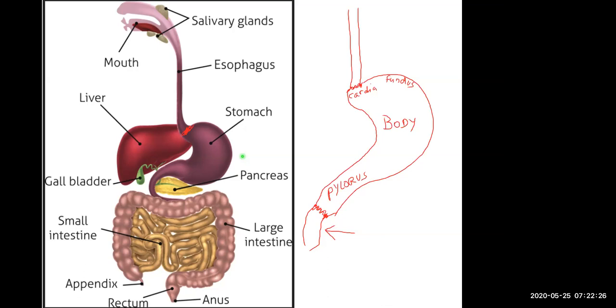And so the first part of our small intestine is called the duodenum. It's a little 10-inch segment, the initial part of our small intestine, okay? And so you've got a sphincter. That sphincter, by the way, is called the pyloric sphincter.